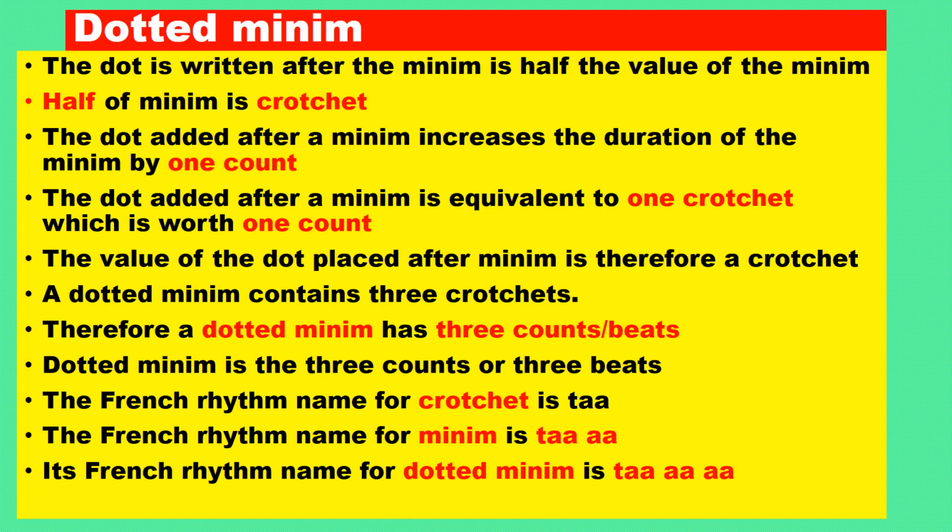The value of the dot placed after a minim is therefore a crotchet. A dotted minim contains 3 crotchets. Therefore, a dotted minim has 3 counts or 3 beats.